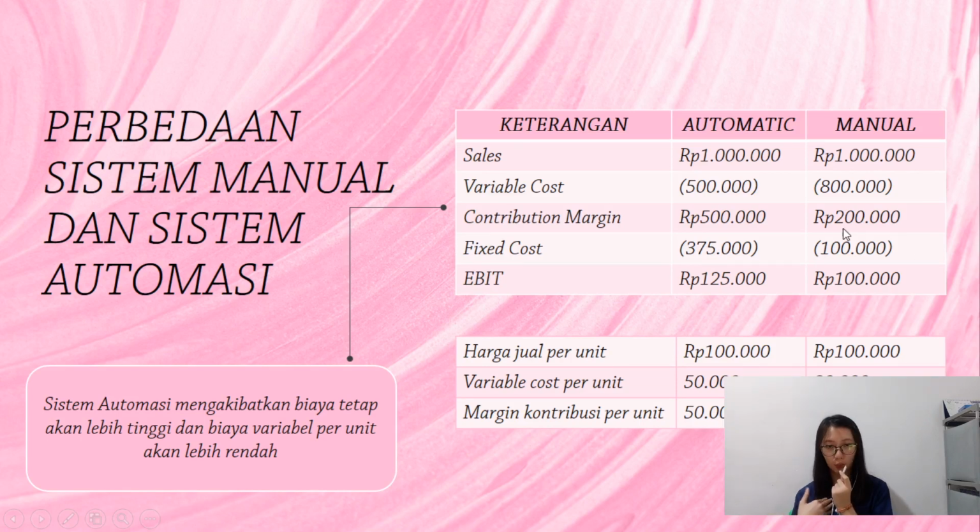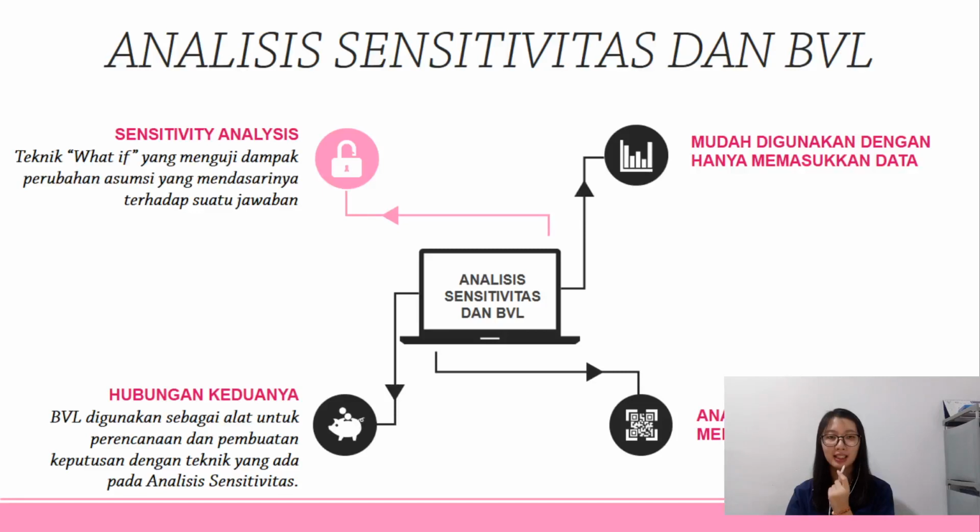The next one is sensitivity analysis and CVP analysis. Sensitivity analysis is a what-if technique used to evaluate the implication of changed assumptions on the answer. What is the relationship between the two? CVP can be used to plan and make decisions by using the sensitivity analysis technique.